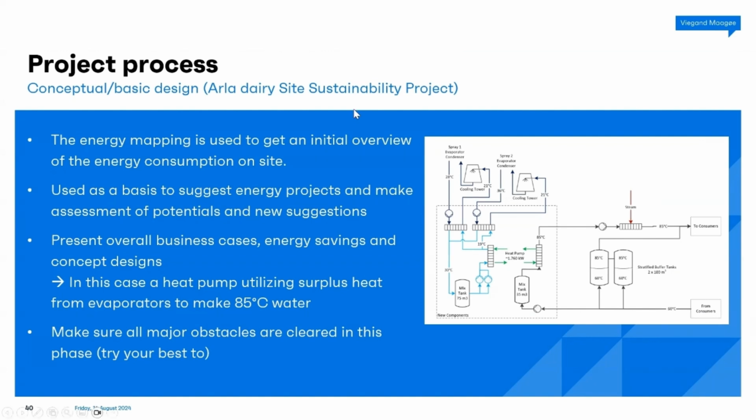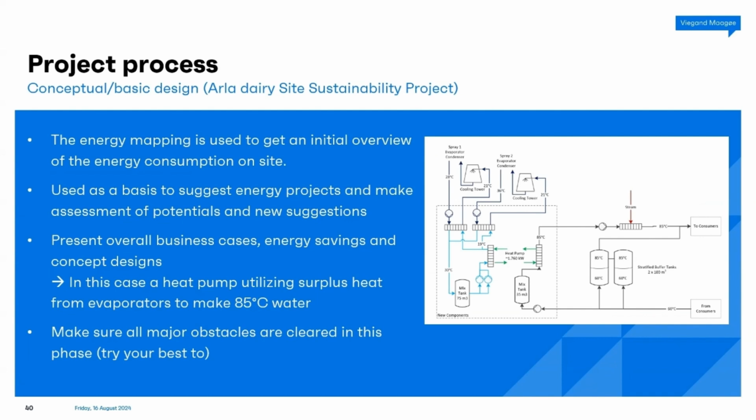This surplus heat we can retrieve, put into a heat pump, and put into a hot water system of 85 degrees. So this is what we actually discovered based on the energy mapping, and this is the first step.